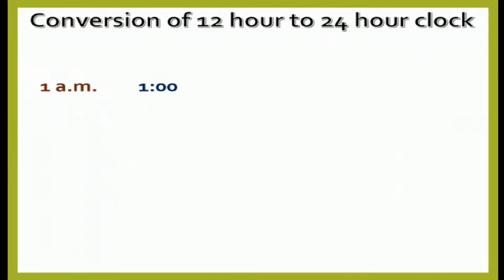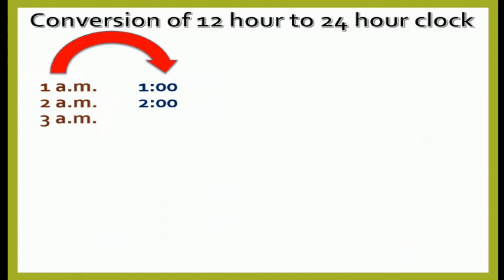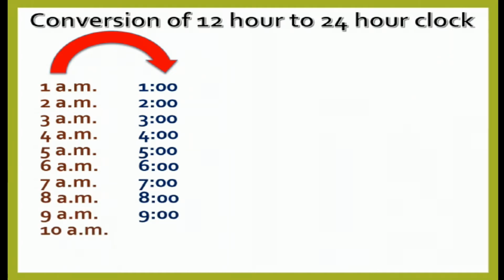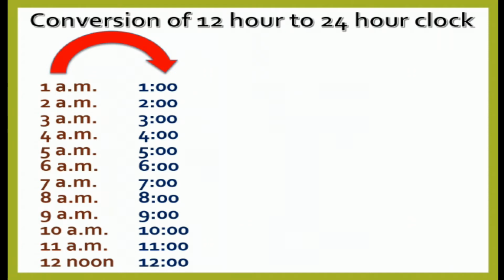We will write 2 AM as 2 hours, 3 AM as 3 hours, 4 AM as 4 hours, 5 AM as 5 hours, 6 AM as 6 hours, 7 AM as 7 hours, 8 AM as 8 hours, 9 AM as 9 hours, 10 AM as 10 hours, 11 AM as 11 hours, and 12 noon as 12 hours. In this way we will convert the 12-hour clock to the 24-hour clock.